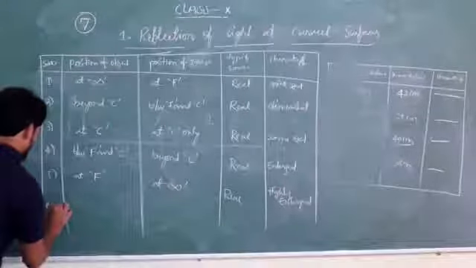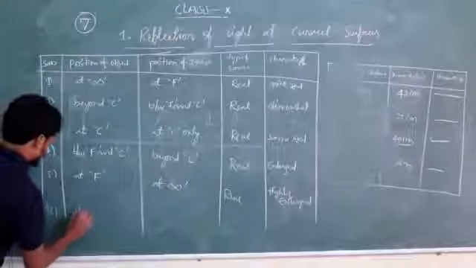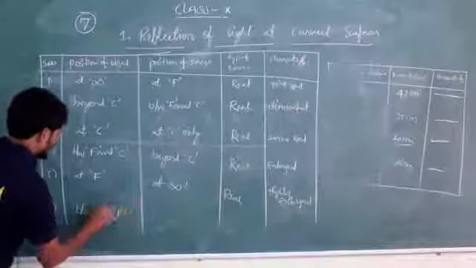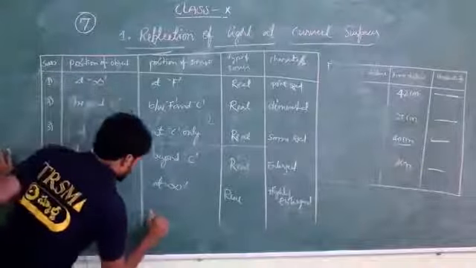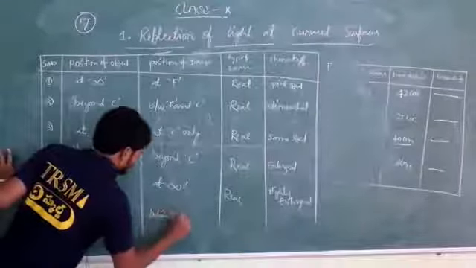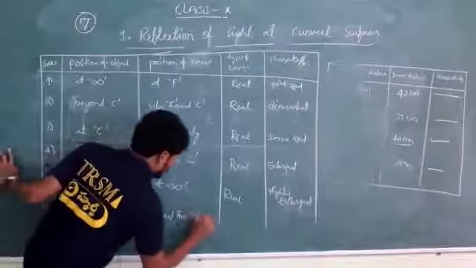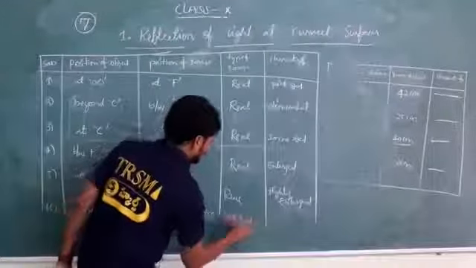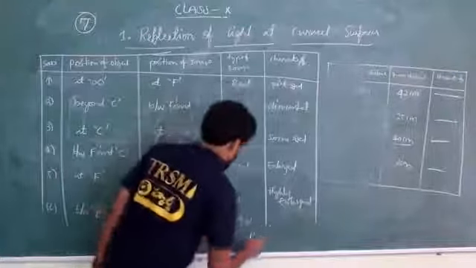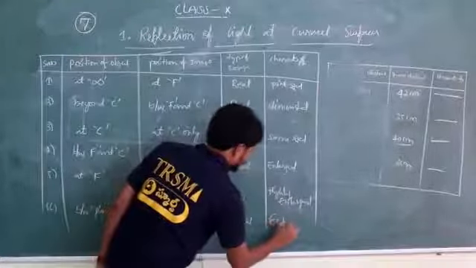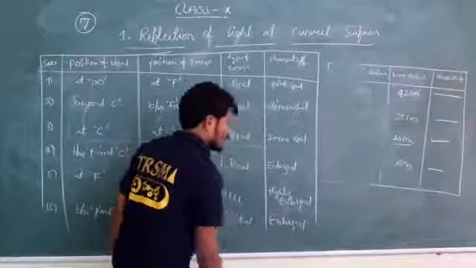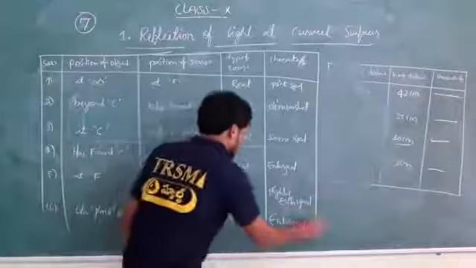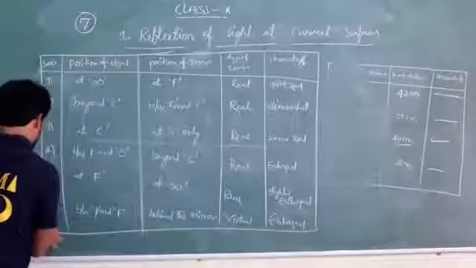And the last case, the sixth one, is between P and F. The image is behind the mirror. It's virtual, enlarged. I have not mentioned whether it's inverted or erect. We know that real is inverted, virtual is erect, so there is no need to mention.